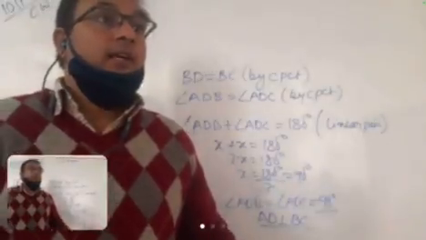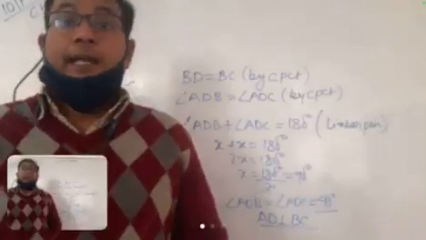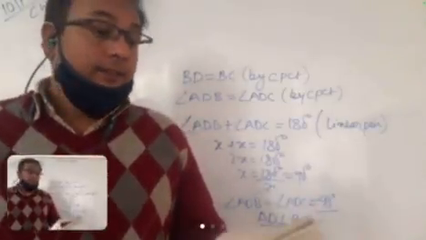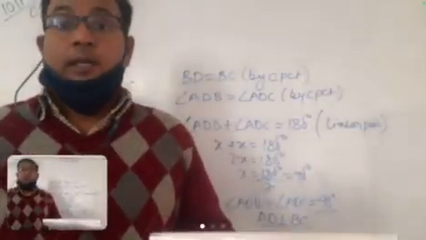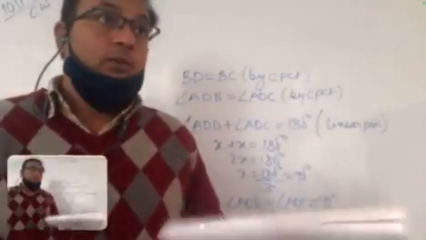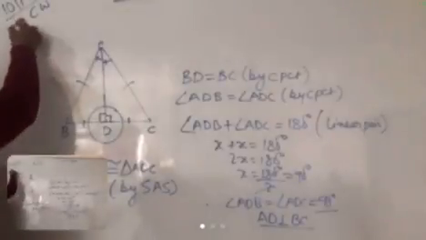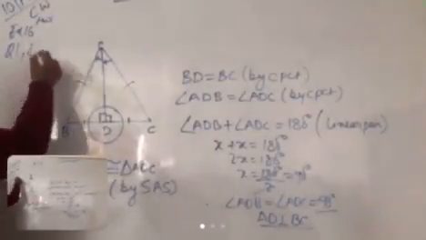You have to write the property like SSS, SAS, ASA or RHS. So question number 2 is also your homework. You just have to identify which. Question number 1 and 2 in exercise 16 are homework.